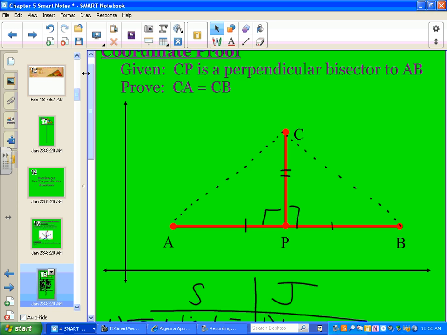Okay, when we look at this proof we just completed, point C, where does it fall? Dan. Okay, it is the vertex of the triangle, very good, but it falls on what?